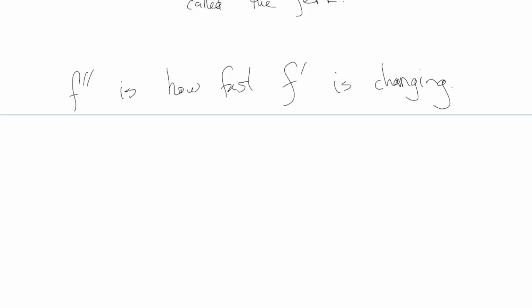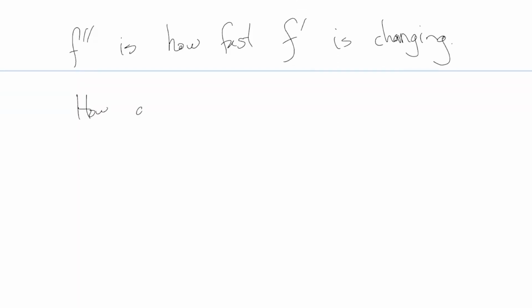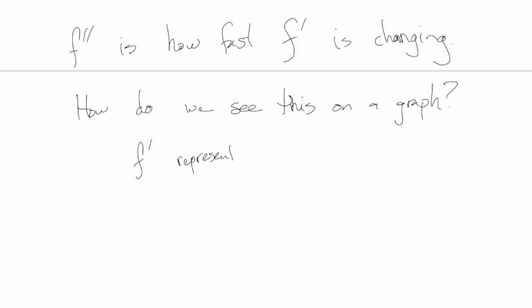What I would like to discuss for our remaining 15 minutes is how do we see this on a graph? Everybody knows f prime represents the slope on a graph, right?